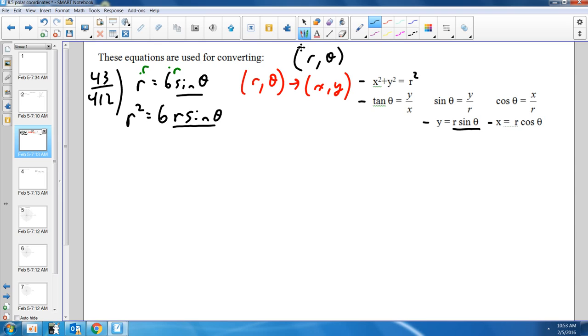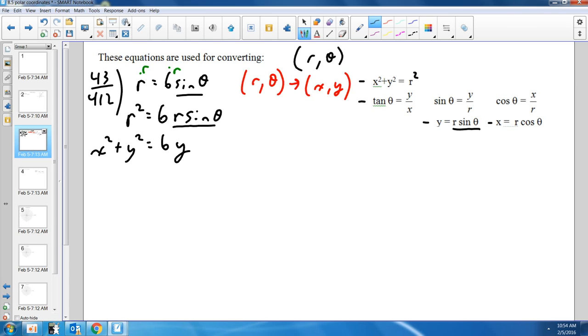So in this one, it becomes x squared plus y squared equals 6y. Now, there are no more r's, there are no more thetas. I'm done. The question now is, do I have to solve for y? And the answer is no, because you're going to have y and y squareds, and to get y alone, you'd have to complete the square, and we're not going to get into that. So at that point, you would stop, and that leaves the answer like that.